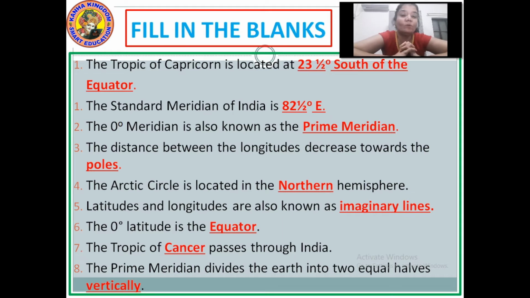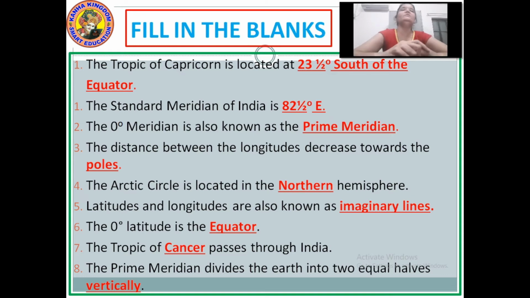That is the northern hemisphere. Okay. Number 5 is done. Number 6. Latitudes and longitudes are also known as dash.